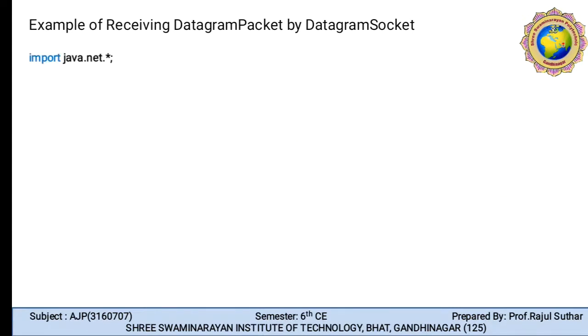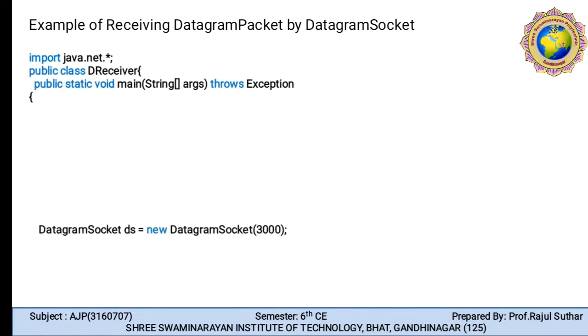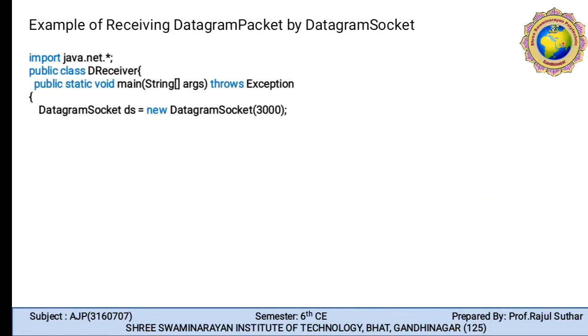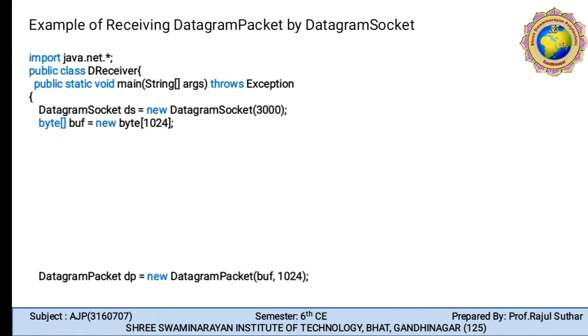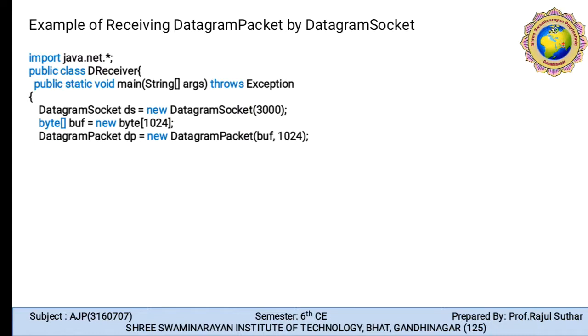In the same way, for the receiving side, datagram packet by datagram socket, we require the same, but here with changes: DatagramSocket ds is equal to new DatagramSocket and use the port number. We require one buffer for extra storage, so byte buffer is equal to new byte[1024]. DatagramPacket dp is equal to new DatagramPacket using the buffer and 1024. ds.receive: we receive the datagram packet, so in the brackets dp is used.